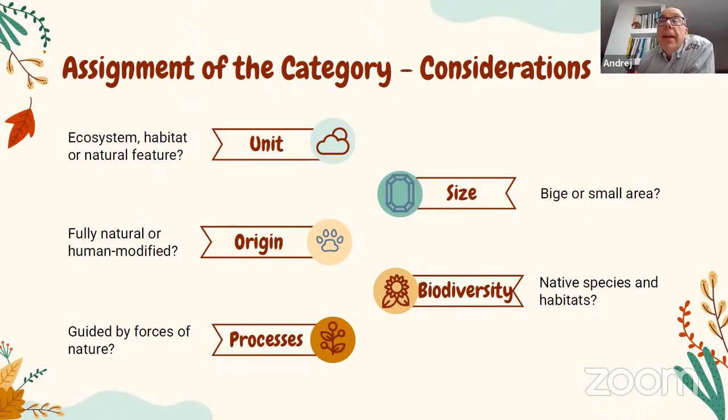Do we have native species and habitats, so what is the biodiversity value? Or do we have more species and habitats that are adapted to human cohabitation? And at the end, who or what are the guiding forces? Are there natural processes or man-modified processes that are governing our protected area? Next slide, please.